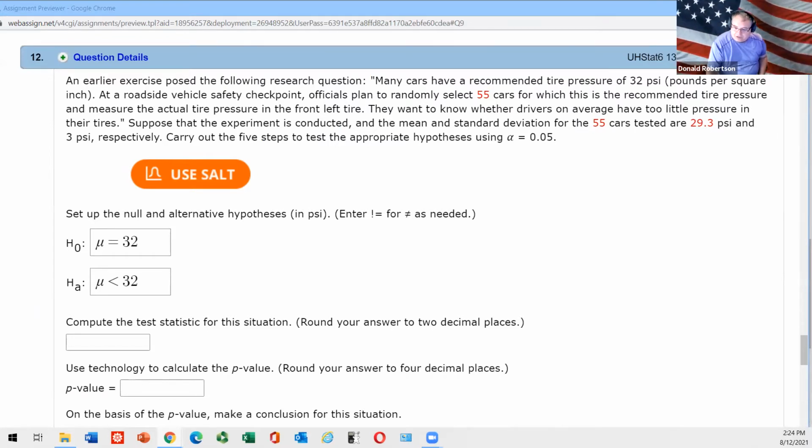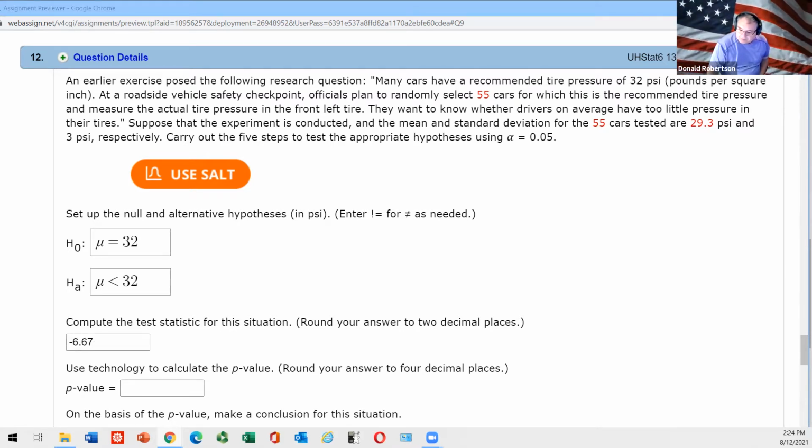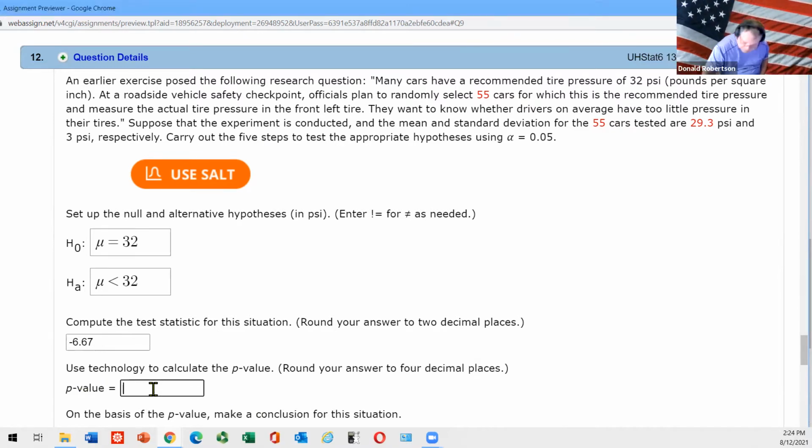So our test statistic is going to be that number to 2 decimal places. And our p-value to 4 decimal places ends up being 0.0000.